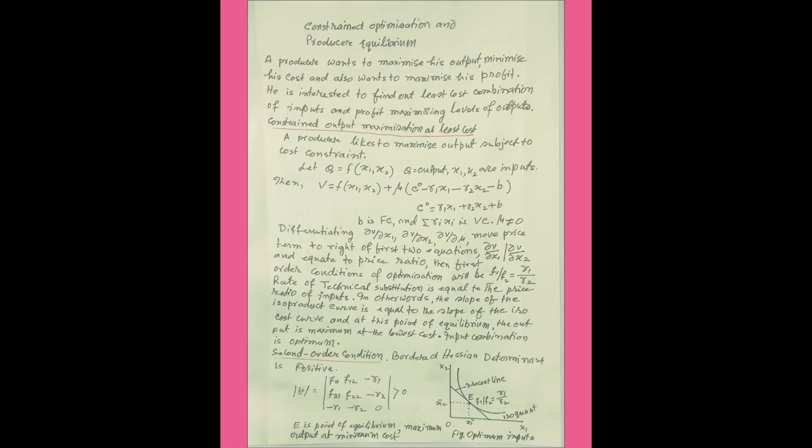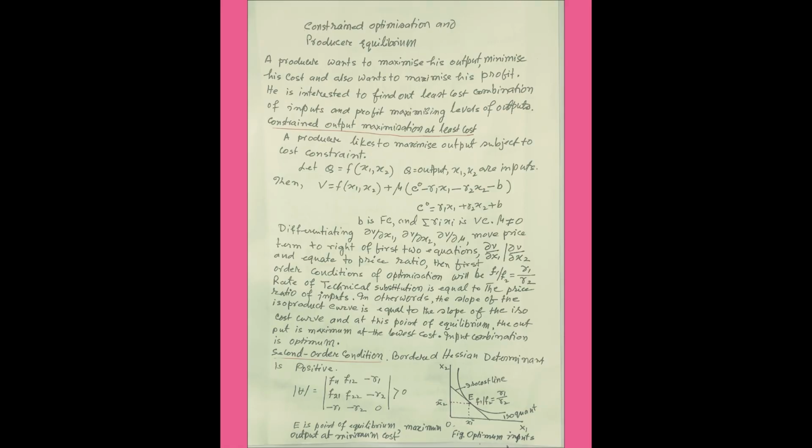So we know that a producer always wants to optimize his output and minimize his cost so that profit is more, or profit is maximum. Now he is often interested to find out the least cost combination of inputs and profit maximizing level of outputs.